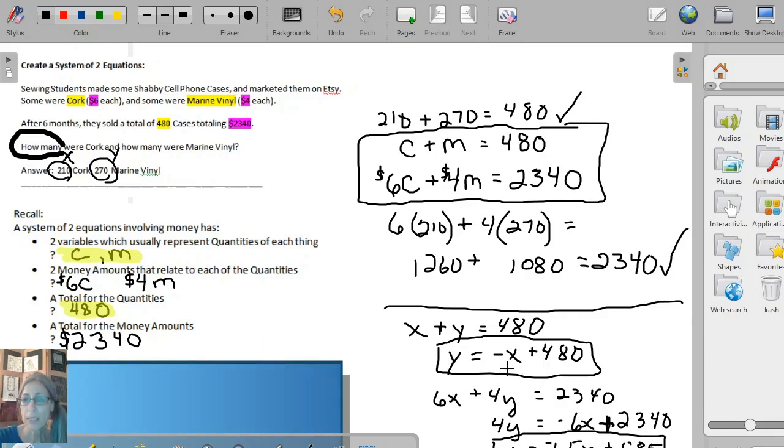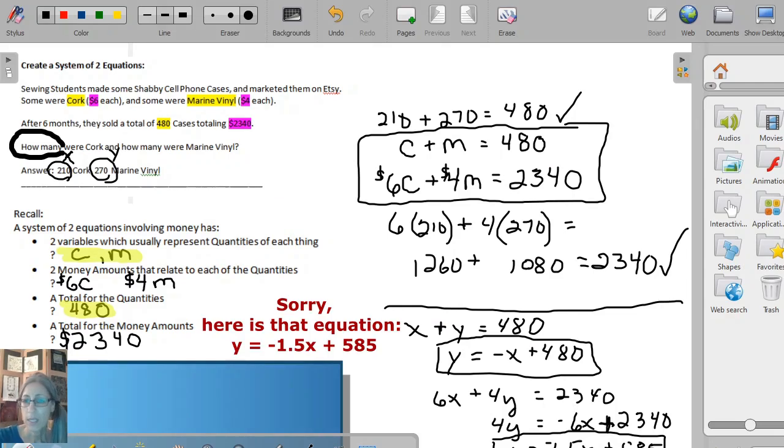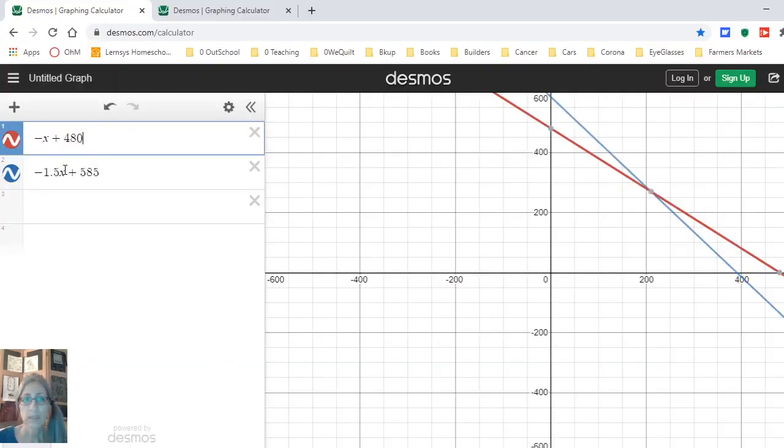We have y equals negative x plus 480, that's the red one. And we have y equals negative 1.5x plus 585 here. That's the blue one. And here is their intersection, and lo and behold, it's 210 and 270.